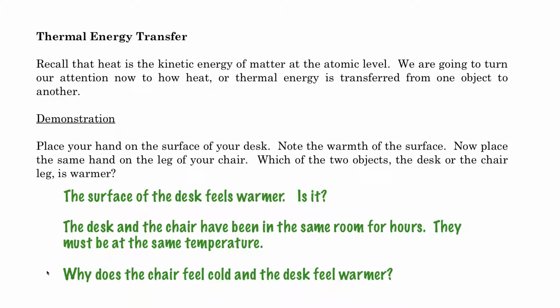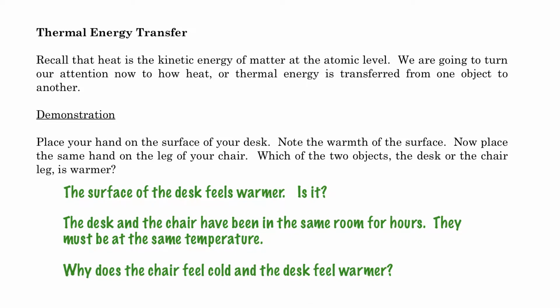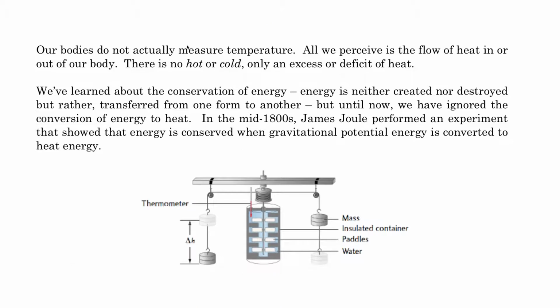So then the question becomes, why does the metal object feel colder, and why does the surface of the table or the desk feel warmer? The question can be answered by knowing something about the human body. Our bodies actually don't measure temperature. Our bodies measure the flow of heat. Right?